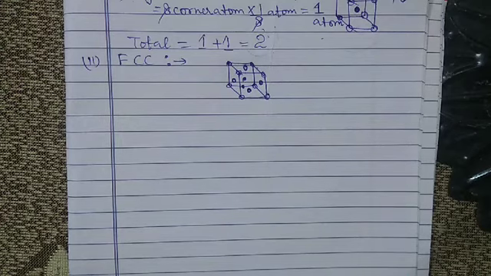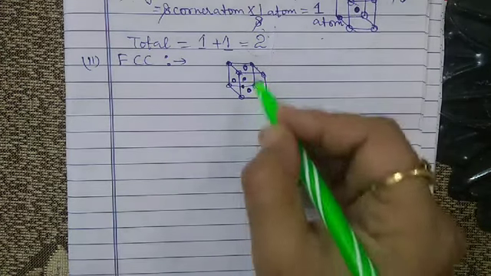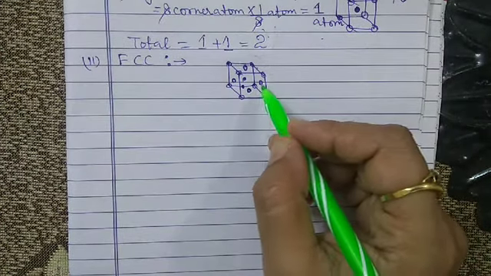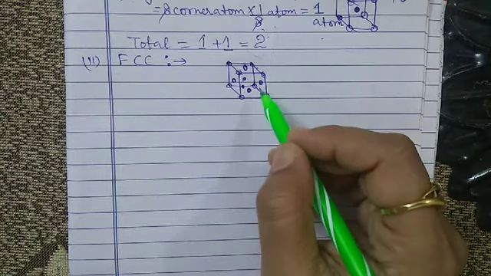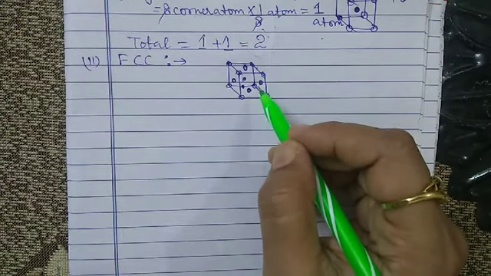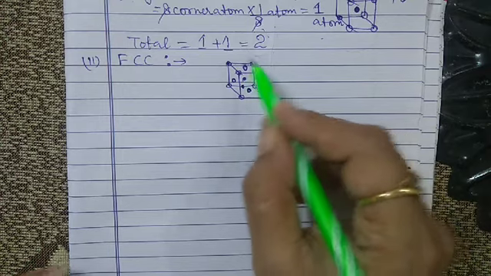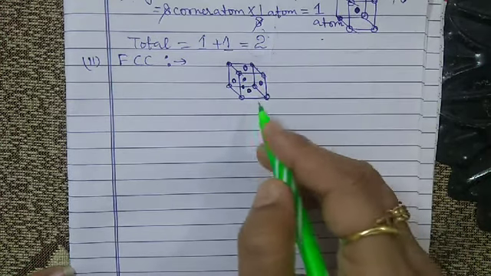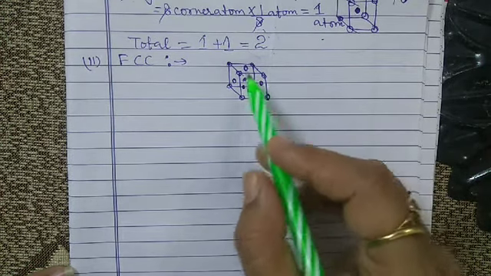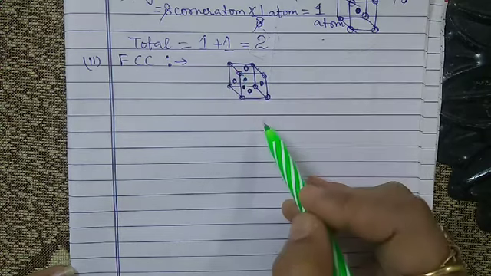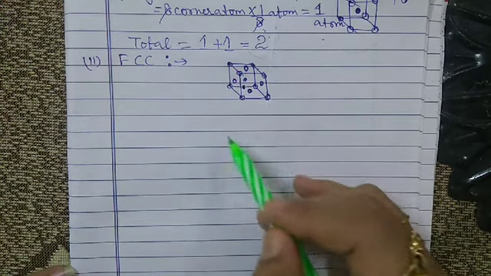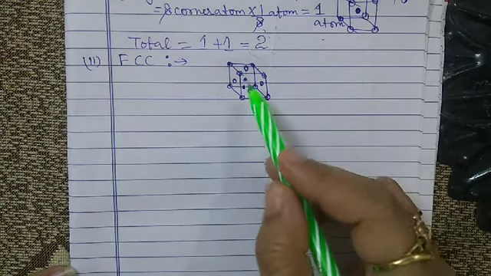Every corner has 1 particle, 8 particles are present at the corner, and the rest, 6 particles, are present at each face of the cube. It has all the corners as well as the center of each of the 6 faces.